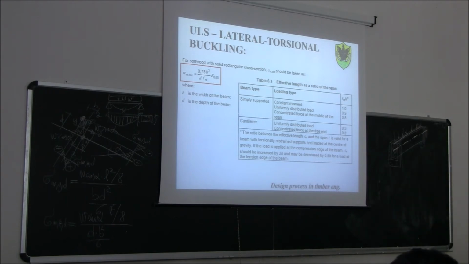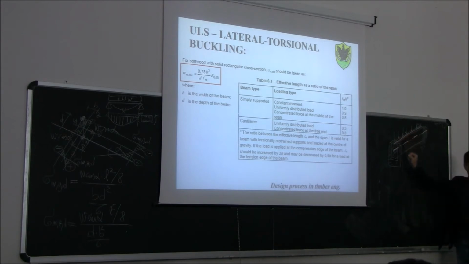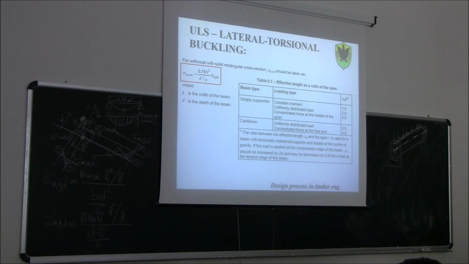Okay? Now this load, which is applied above the center of gravity, in your opinion, is it favorable? Since most of the load is applied above the center of gravity, is this difference in level, in altitude, let's say, positive or negative in terms of resistance of the beam to lateral torsional buckling?